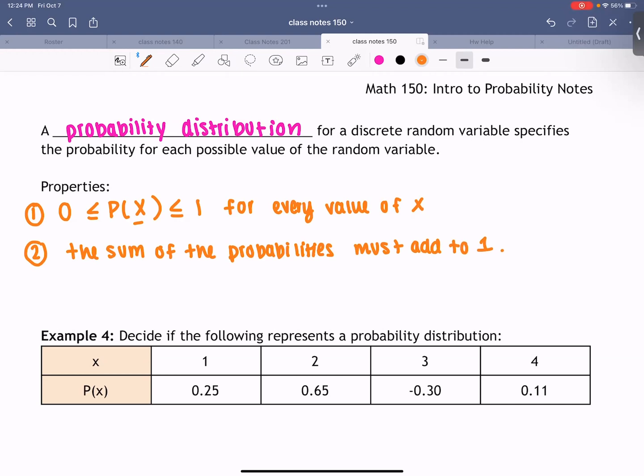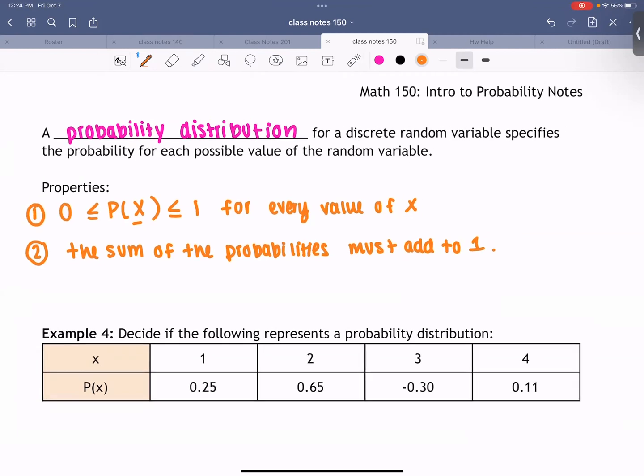Now, there are a couple of things I want to talk about with these properties. When I have a probability distribution and I want to figure out if it is one, it has to satisfy both the properties, which means it can't break one of the properties. I'm going to write that down because it gets a little bit hard to understand when you're looking at your notes later. To be a probability distribution, PD, it has to satisfy both of these rules.